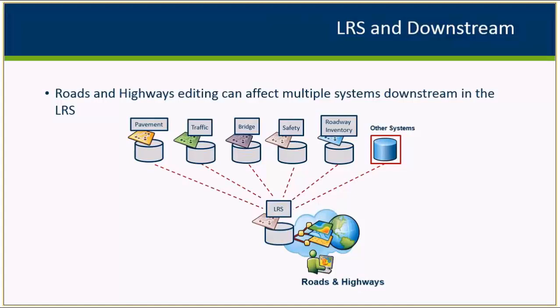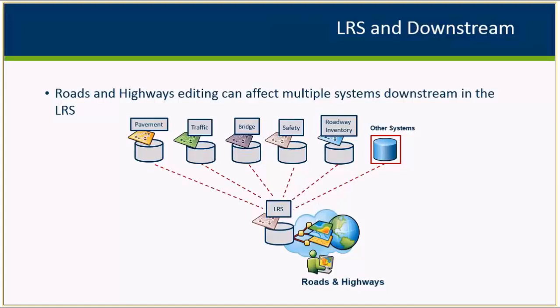This is probably the most important difference between the LRS and TIS. The TIS mainframe and the GIS base map were separated and didn't communicate. So if we drew new line work in the base map, we would have to go into TIS and manually update that.